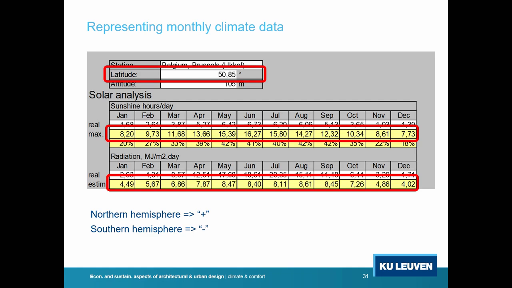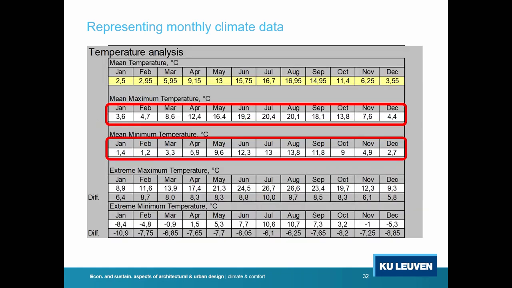So typically they should be lower. The same, if you have data on the radiation, you can fill it in here. And again, these should be lower than the maximum calculated in the Excel file, because typically there are some clouds present. The smaller the difference is, it means the more blue sky you have, so the fewer clouds you have.